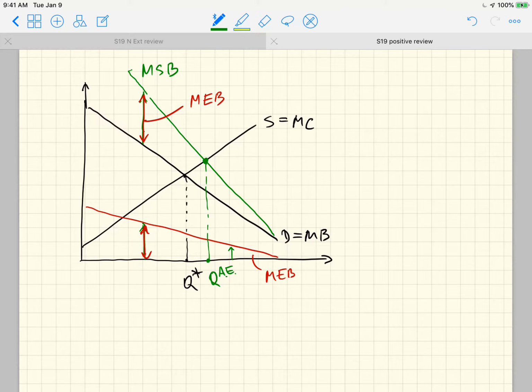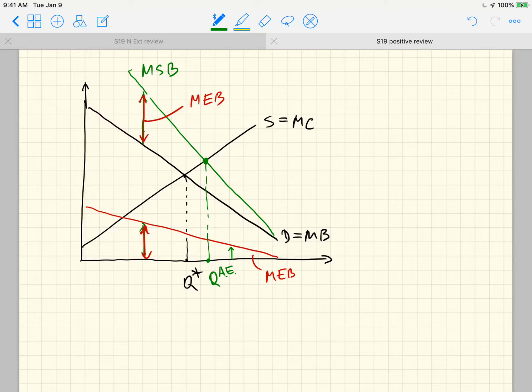So in this case, markets actually provide too little because they fail to recognize this external benefit because it falls on someone else. But we do take it into account because it's part of the benefit that affects society. And therefore here, the point of allocative efficiency is actually larger than the point of market equilibrium.